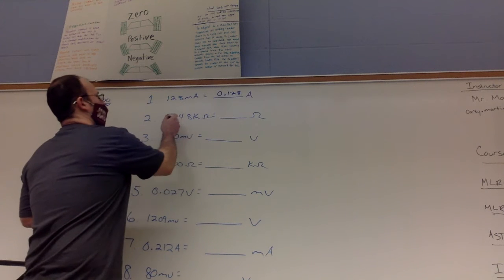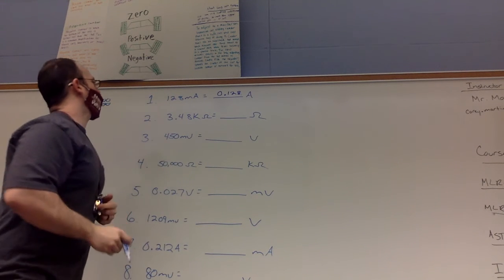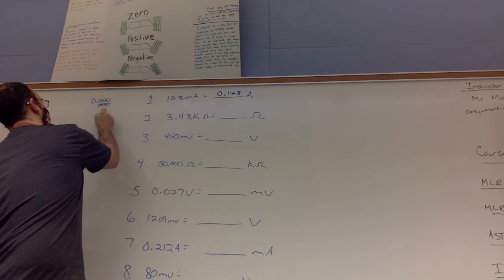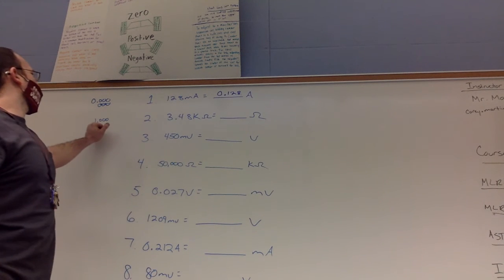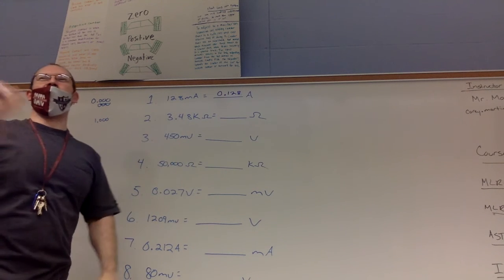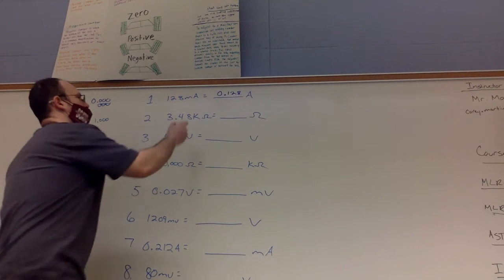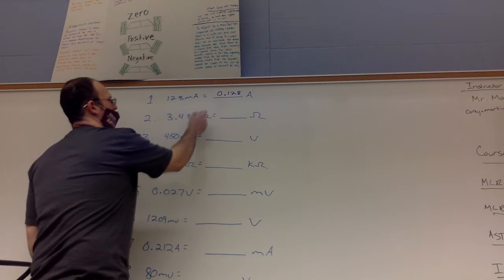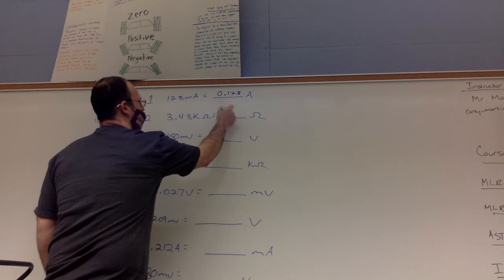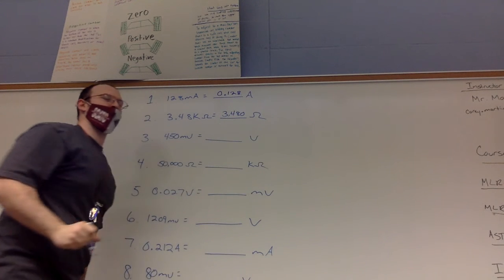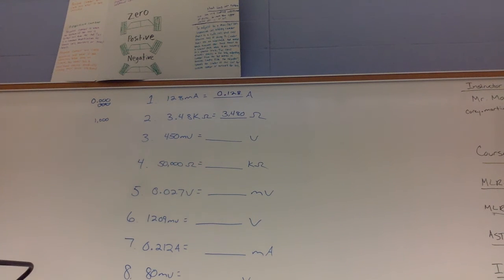So this 3.48, what we're going to do is, kilo represents 1,000. So we're going to take the decimal and we're going to move it 3 places to the right, and then we're going to have to add a 0. So if we move this dot right here 3 places, and then we add a 0, that number becomes 3,480 ohms. So very big number.